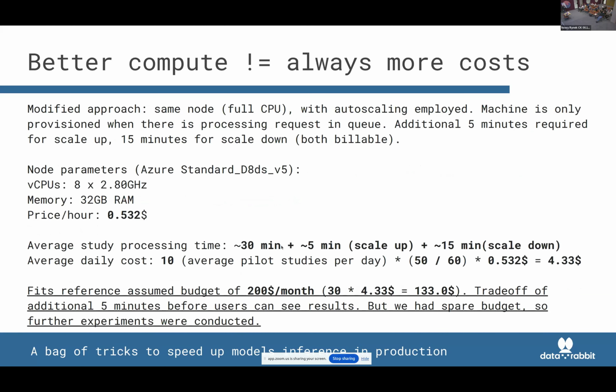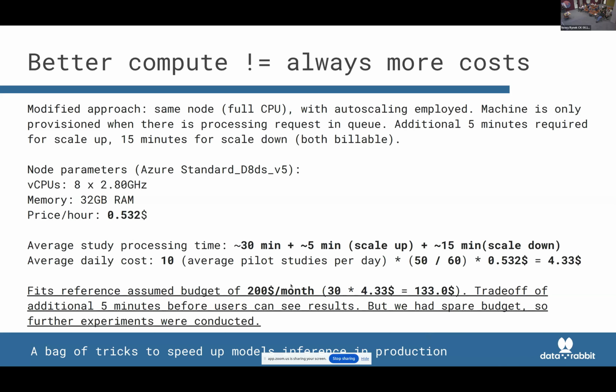But we have the very same parameters, and given that we do not have these machines constantly up, the processing time per study is the original 30 minutes, plus 5 minutes for scale up, 15 minutes for scale down. With this 10 studies average, the daily cost is reduced about 3 times, simply because we are only spawning the machines when they are needed. This one fitted our assigned budget. There's a trade-off that we need 5 minutes more before the users can see the actual results.